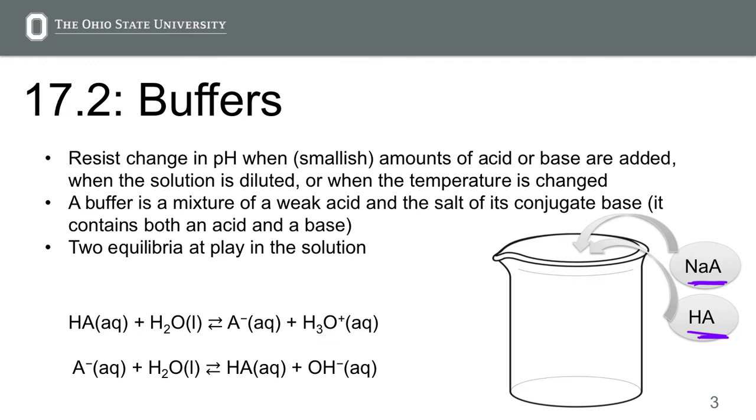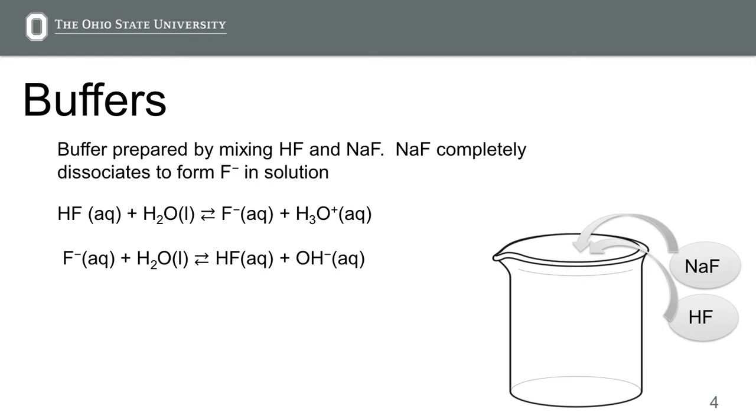And we also have A minus plus H2O in equilibrium with HA and OH minus in solution. Both of those are happening simultaneously. For example, we have our HF forming F minus. If we add sodium fluoride, that F minus is going to react with water to form HF and OH minus.